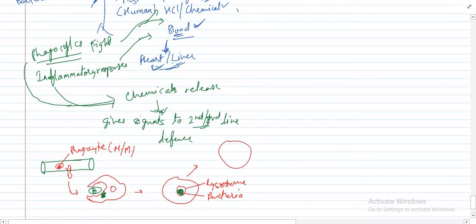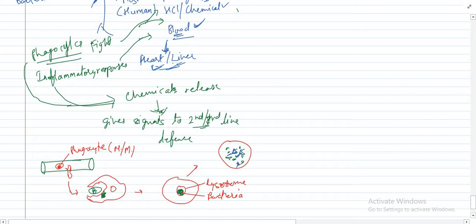Okay. So this is the phagocyte, and here you can see some parts of its body. These parts are attached with another type of molecules which are already present in the cells, and these are MHC molecules.